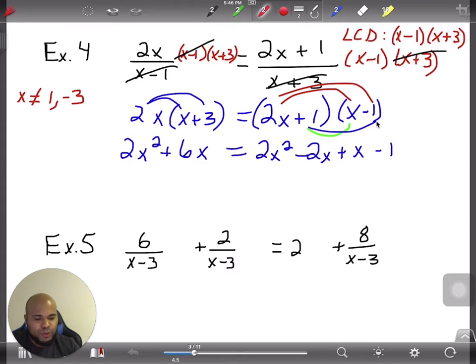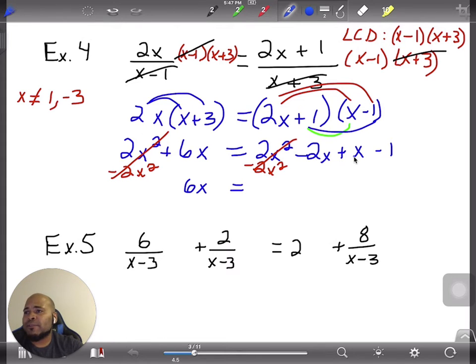So I'm going to subtract 2x squared from both sides, and it cancels because it goes to 0. That's perfect, no longer the square term. Now I'm going to combine the like terms. So I have 6x on the left equals negative 2x plus x, which is negative x, minus 1.